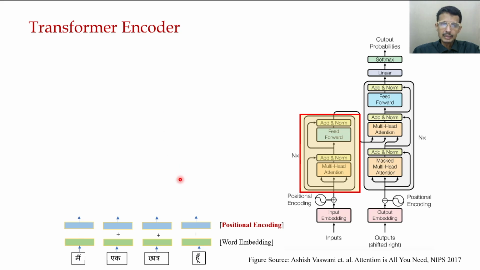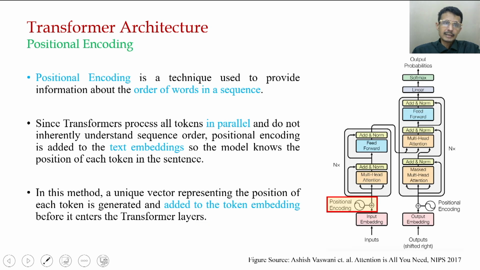Now comes the positional encoding, the next module. So what is positional encoding? Positional encoding is a technique used to provide information about the order of the words in the sequence.